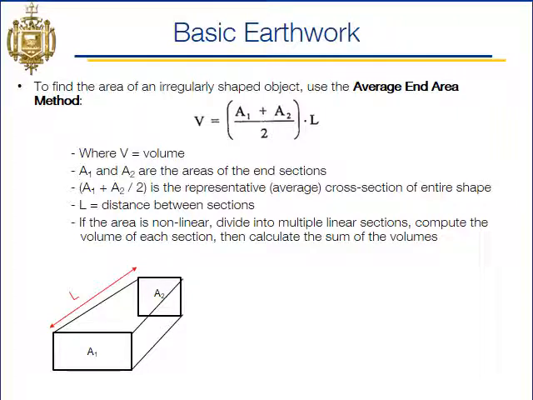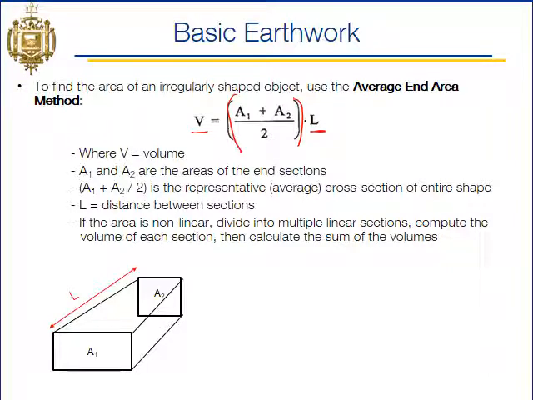The average end area method says that the volume of a complex shape is going to equal the average of the cross-sectional areas at the ends of that shape, so A1 plus A2 divided by 2, times the length between those cross-sections.